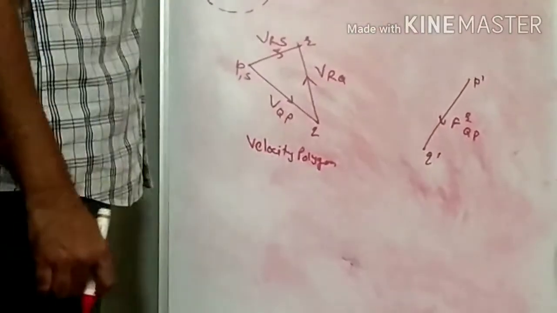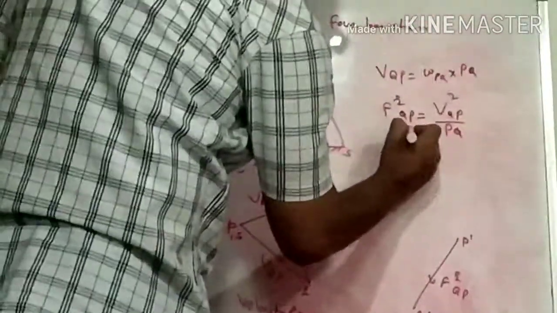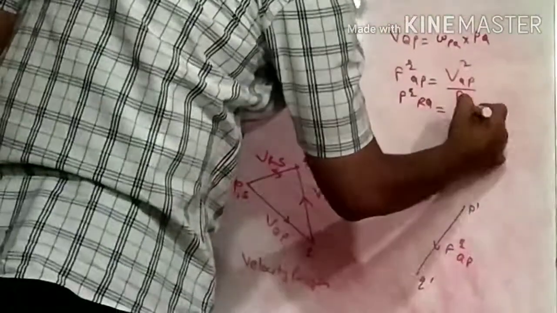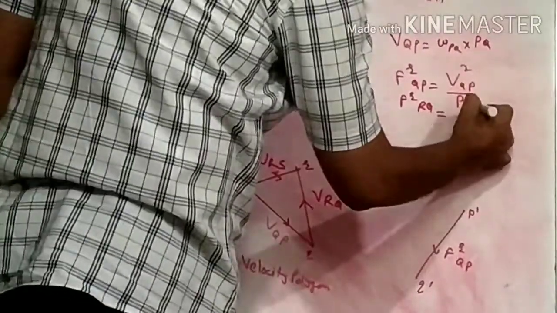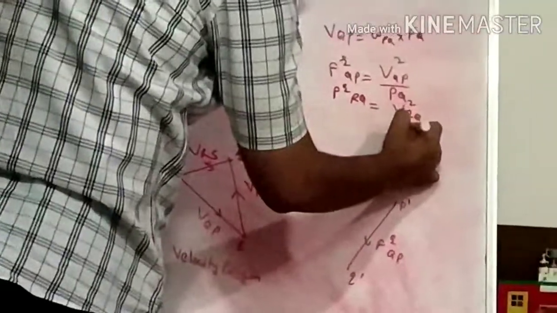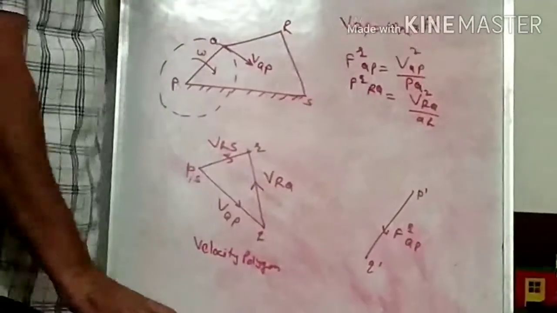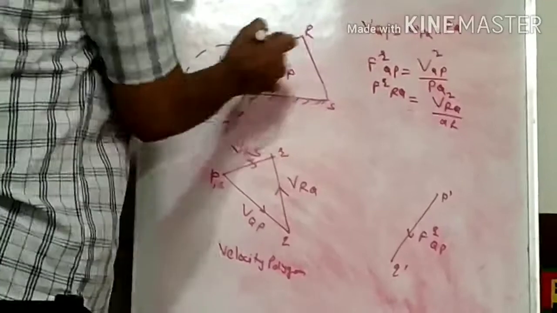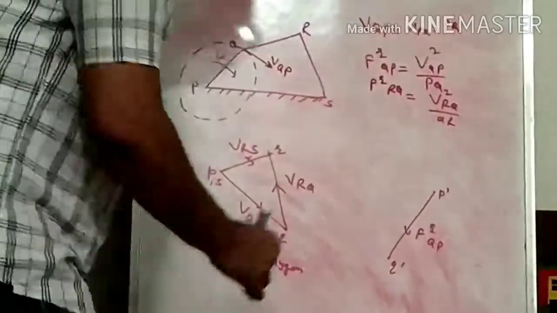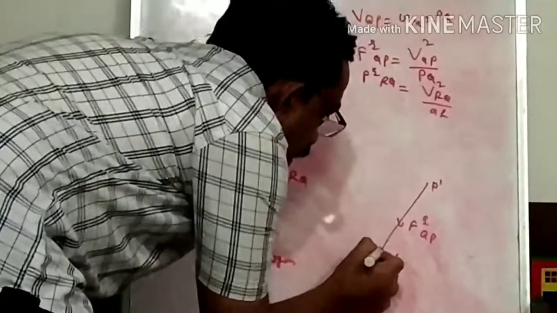Then the acceleration of R with respect to Q. First we find the radial component of acceleration of R with respect to Q, which is the square of the velocity of R with respect to Q divided by the length of link QR. This velocity value we get from the velocity polygon. The direction of this acceleration is towards the center, that is, towards point Q. So draw the vector from point Q dash parallel to link QR.